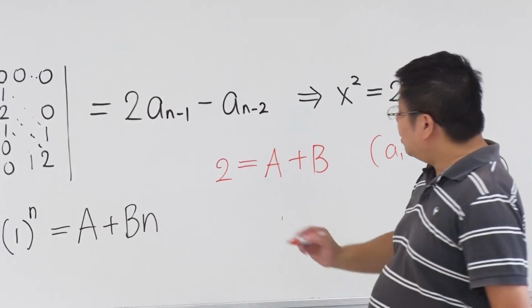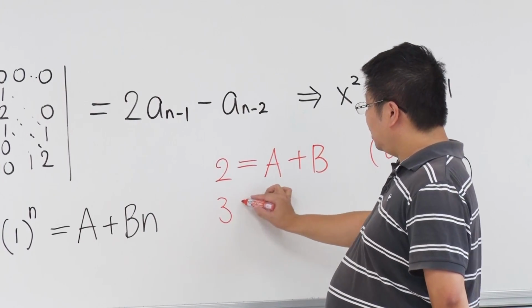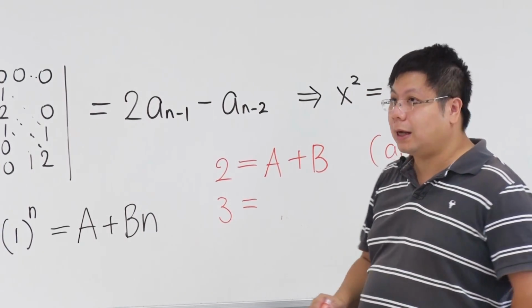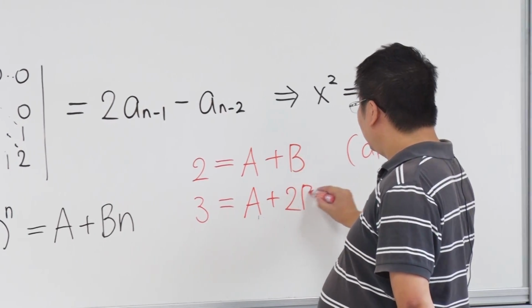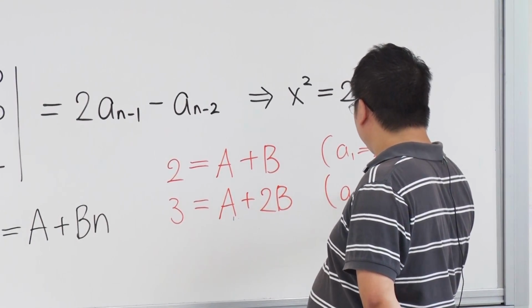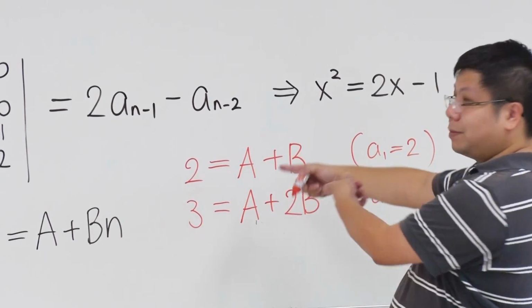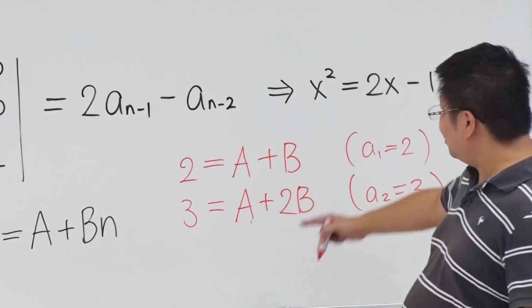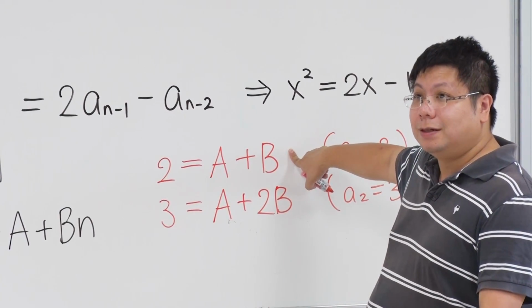Now, what do we have? We have a2 is equal to 3. So we have 3 is equal to, using 2 as the n, A plus 2B. Here we are using a2 equals 3 to help us. You solve this. This one minus this one, you get B left.